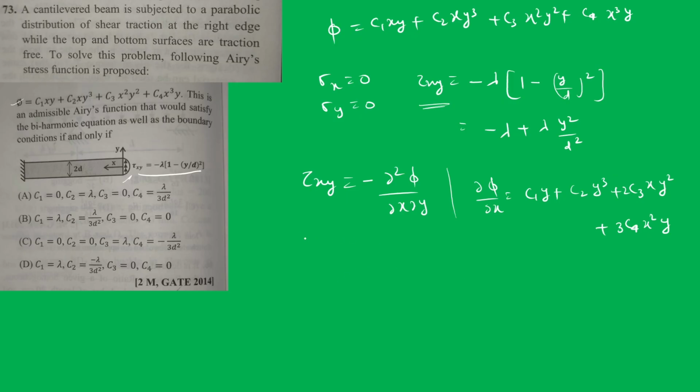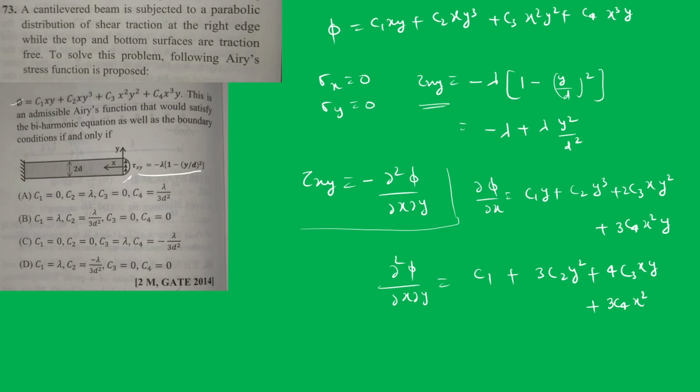Now let us find out dou square phi by dou x dou y, differentiating with respect to y. This will become c1 plus 3 times c2 y square plus 4 times c3 x y plus 3 times c4 x square.